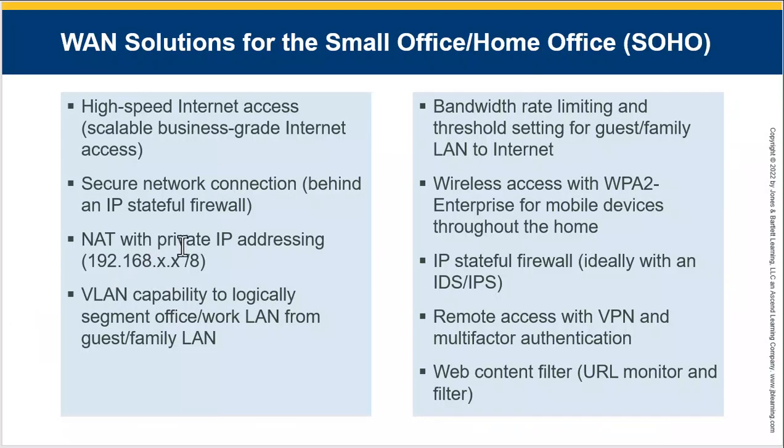Small office, home office. You've probably all got some kind of internet access, like Spectrum or AT&T or MetroNet, whatever you happen to be using. We typically are going to be behind a firewall. Either you have your own firewall or the ISP provides one, and we're using NAT. So like at my house, I have two networks, 192.168.0.0 and 192.168.1.0.